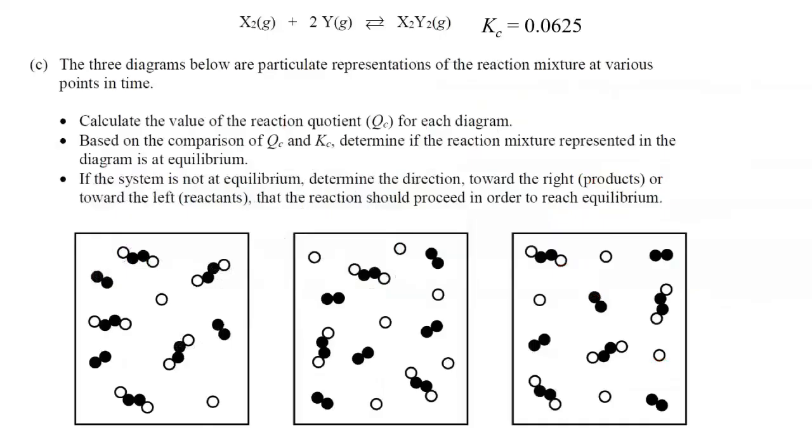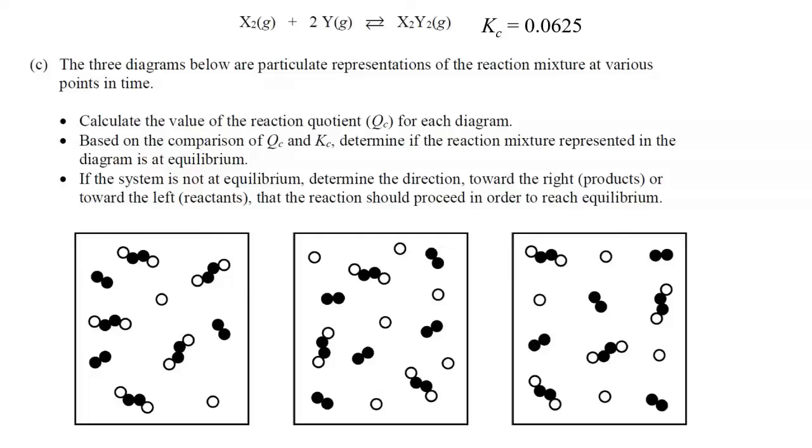In part C, we have 3 different particulate representations of the reaction mixture at various points in time. So what we have to do in part C is first count the particles so we can calculate the value of the reaction quotient for that moment in time for each diagram.